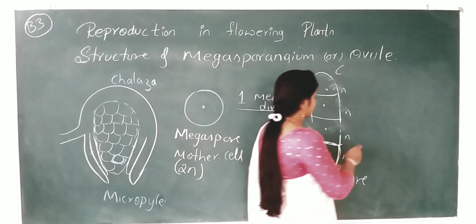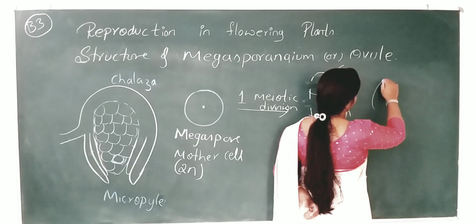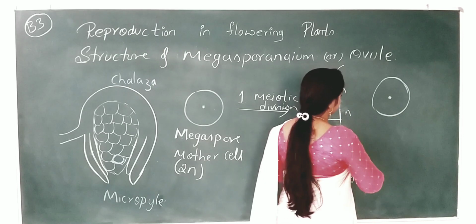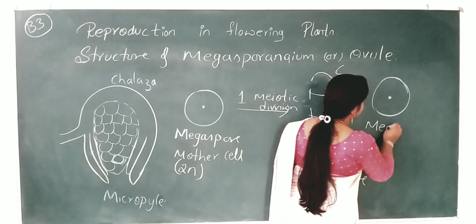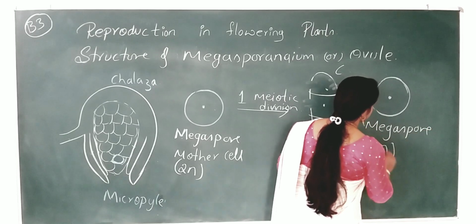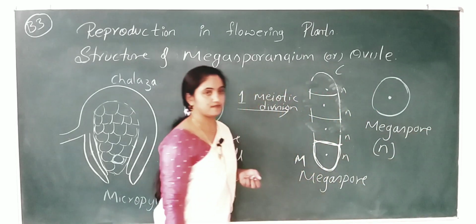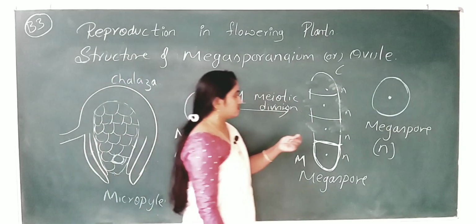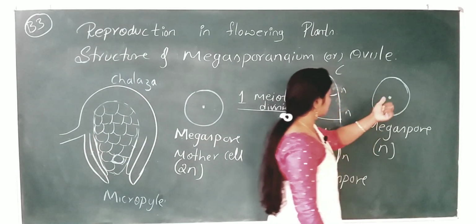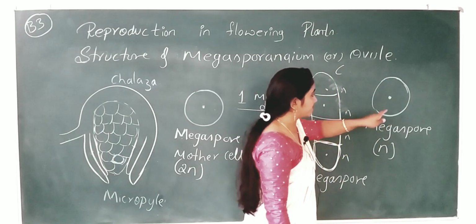Now I will write here: this is now the megaspore, a haploid cell having a single set of chromosomes, half of the chromosomes. Now this megaspore, what will happen next?